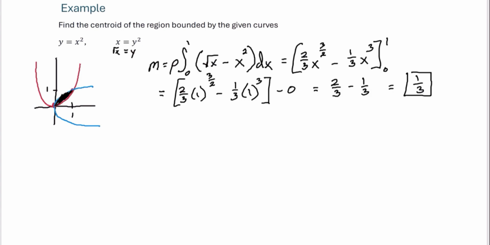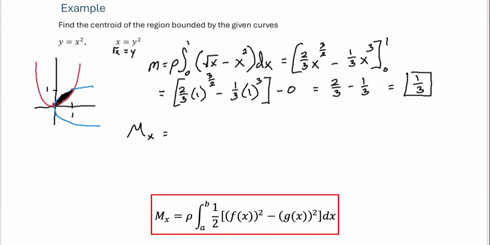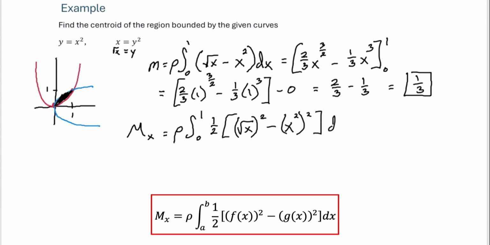And now the moment about the x-axis. We have rho, integral from 0 to 1, 1/2 times f of x, which is the square root of x, and we want to square that, minus g of x, which is x squared, and again we will square that piece. dx.